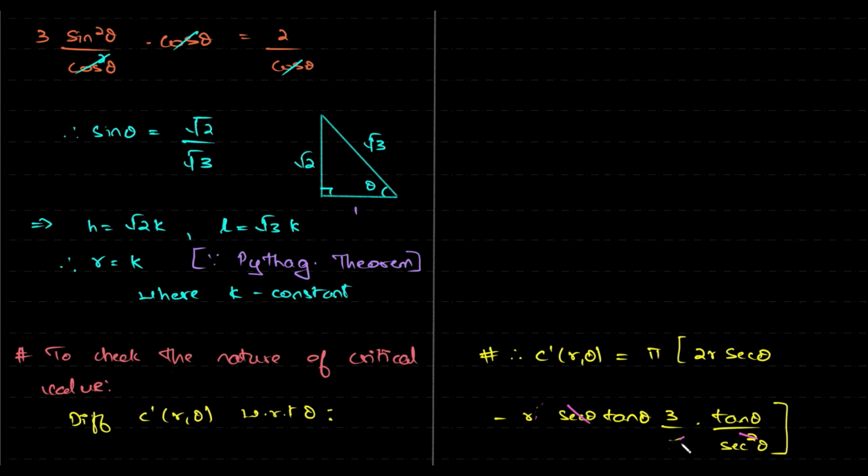So I'm going to cancel this, this is cancelled, this is cancelled. So this is basically tan square theta into cos theta, right? So we have r comma theta is equal to pi r secant theta minus 3 tan square theta cos theta. Is that correct? Take a pause and have a look.